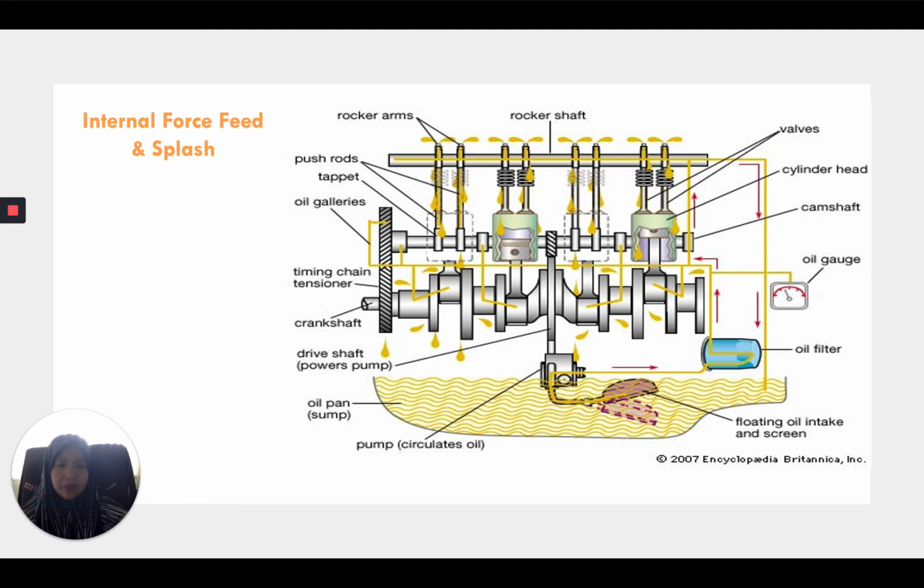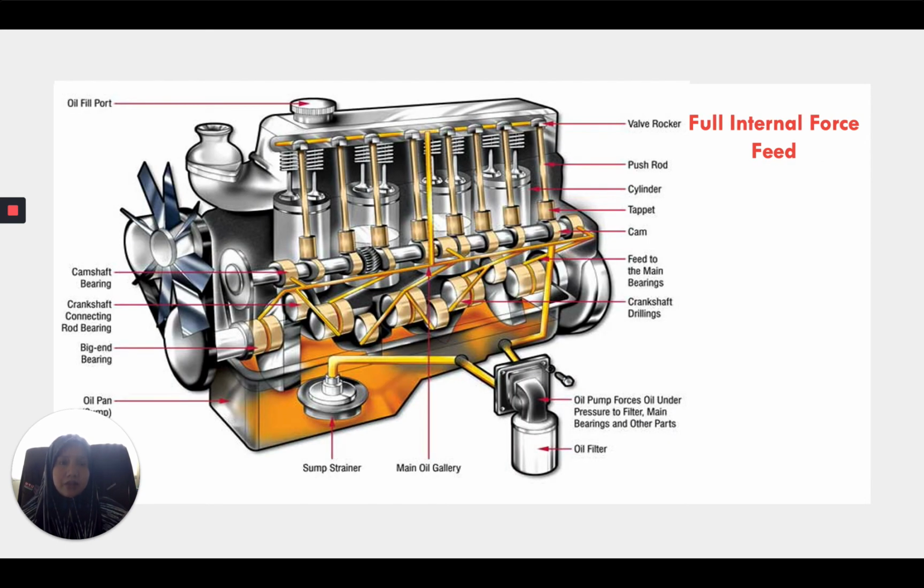And then we go to the next, internal external force feed. As the splash system has limitation to lubricate all the critical components in an engine, the force feed system is used to generate additional pressure to ensure oil reaches all essential and desired components for lubrication purposes. Generally, a gear-type pump driven by the camshaft generates the pressure in oil to move from the crankcase to crankshaft and connecting rods, bearings, piston, and valve.